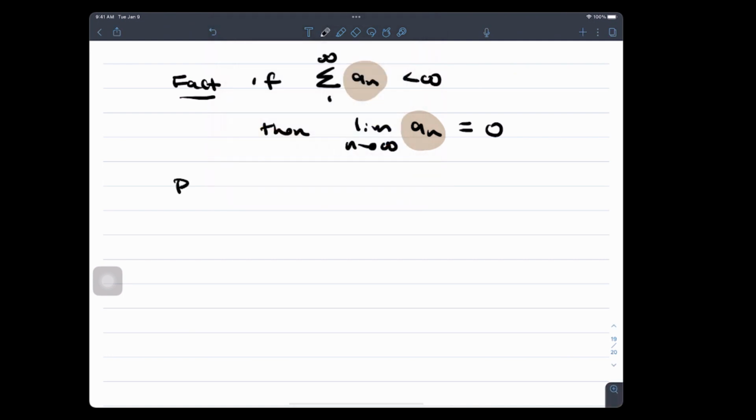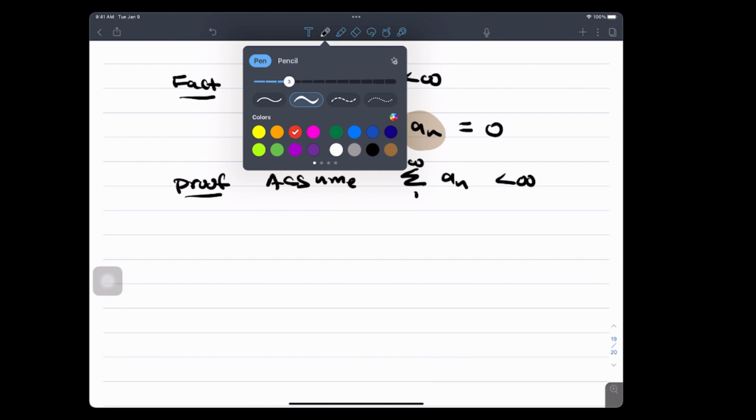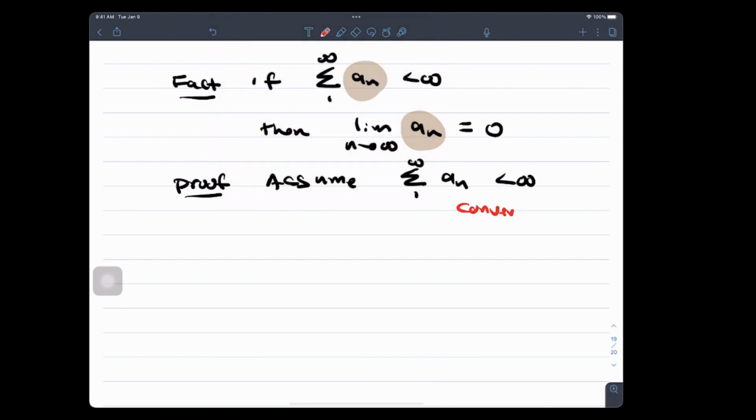So here's the proof. We assume that the sum of the series an is less than infinity. That's just another way of saying that it converges. So we assume we have a convergent series. Now, what does that mean? We're going to consider the sequence of partial sums.